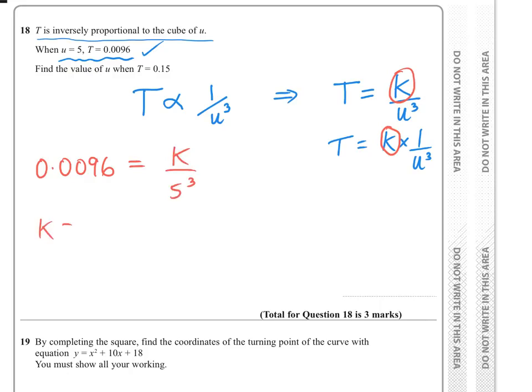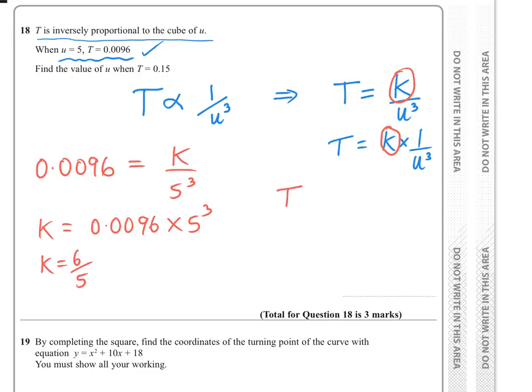So k would be 0.0096 times 5 cubed, and we can do that on the calculator. Let's have a look what that gives. 125, that's 5 cubed, times 0.0096. Well, I get here that k is 6/5. You might get 1.2 on your calculator, which is fine also.